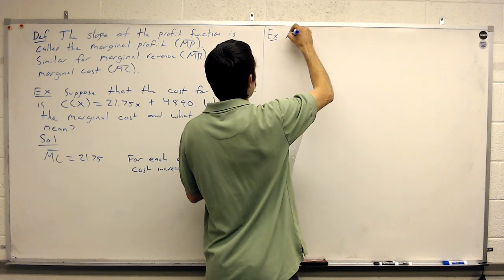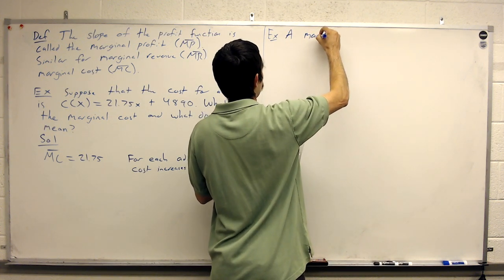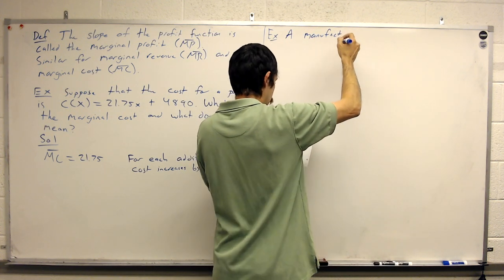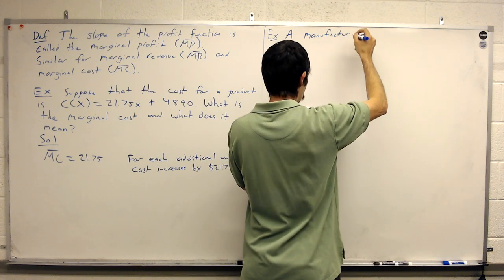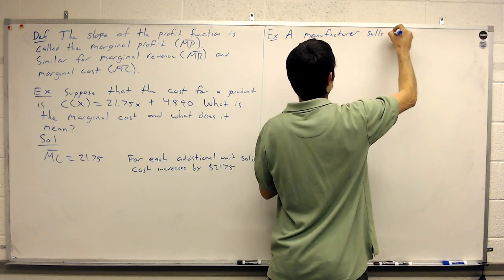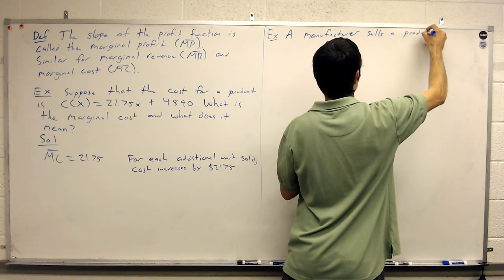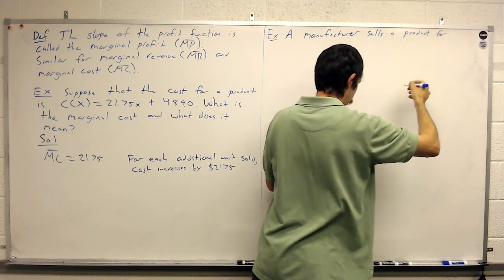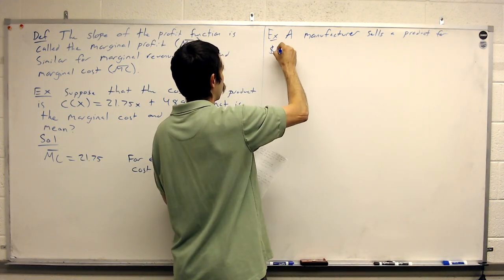All right, so a manufacturer sells a product for $10 per unit.